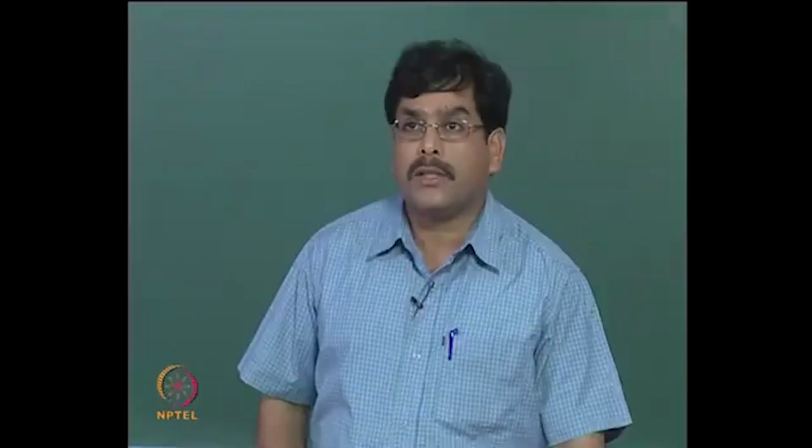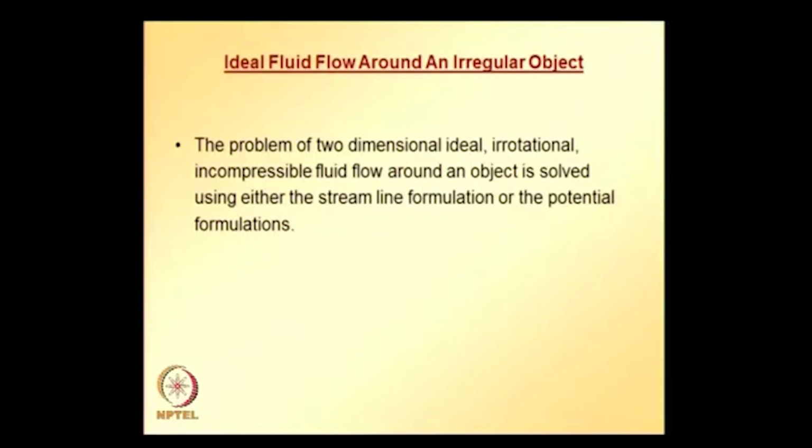So, ideal fluid flow around an irregular object. The problem of two dimensional ideal irrotational incompressible fluid flow around an object is solved using either streamline formulation or potential formulation. So, there are two approaches through which we can solve this problem.